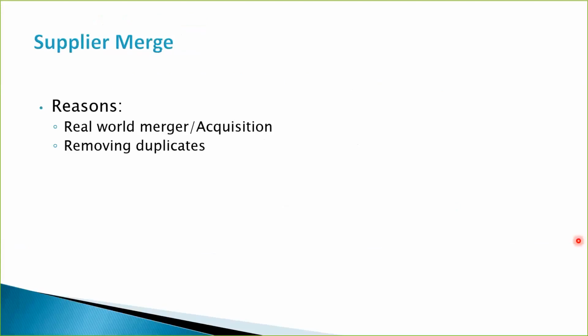As we are going to see, what really happens is that you merge supplier sites, because the site is where the transactions are taking place, or that is the actual real world entity that you're entering into transactions with.